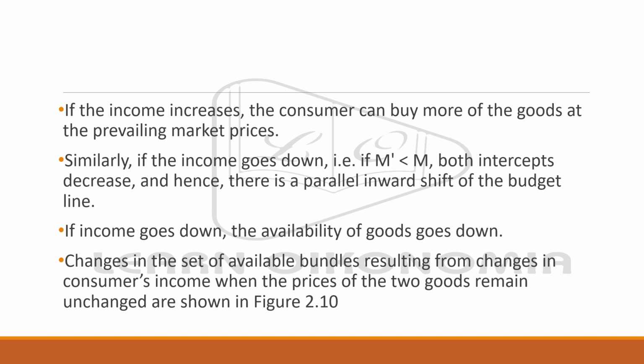What happens if your income is coming down? If income comes down, your M dash will be less than M. So there would be an inward shift in your budget line.